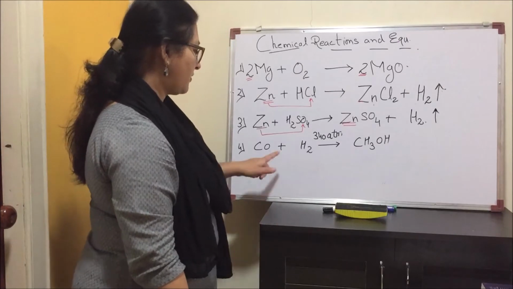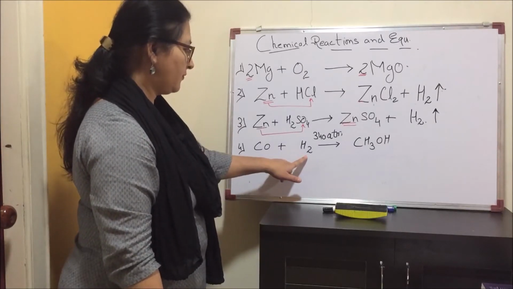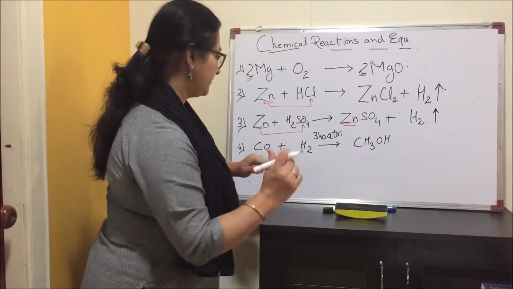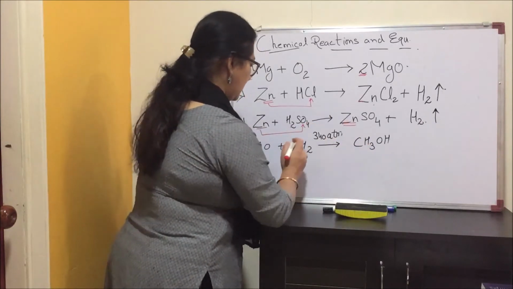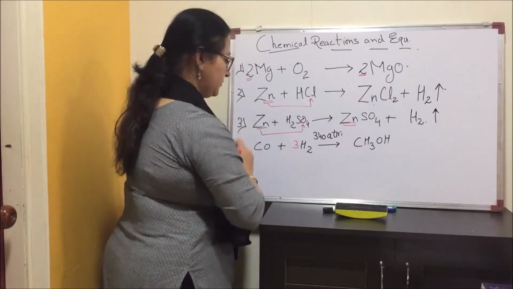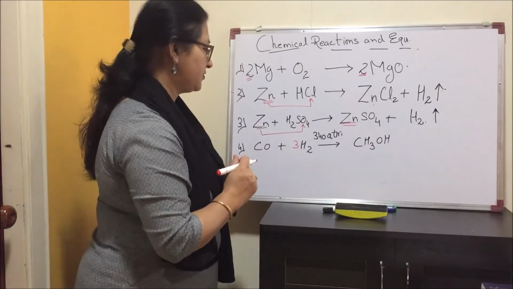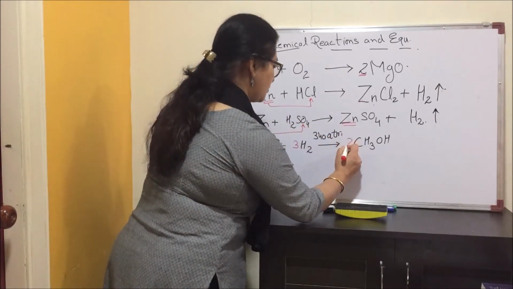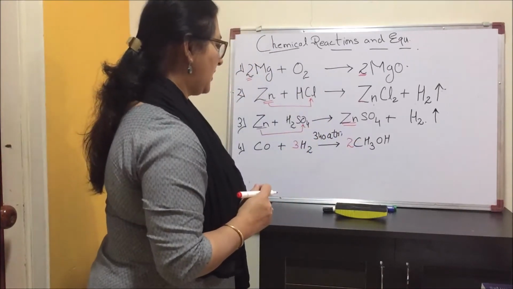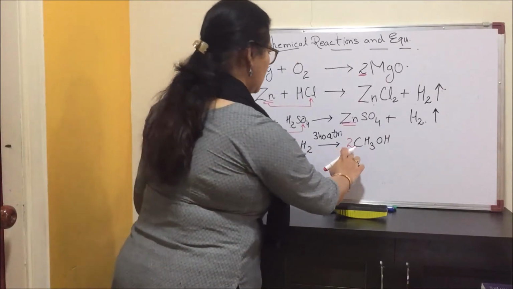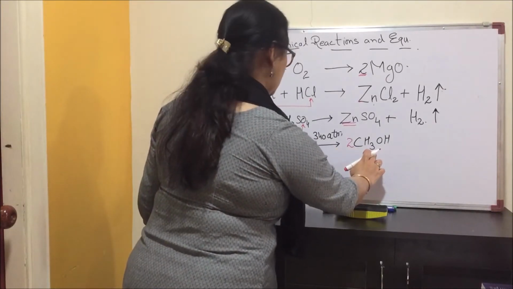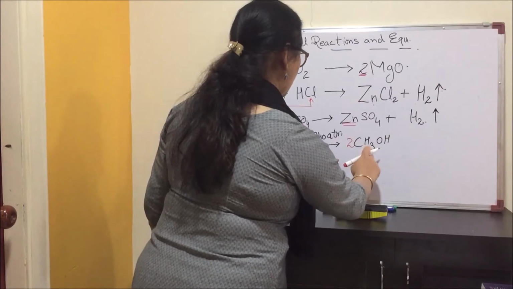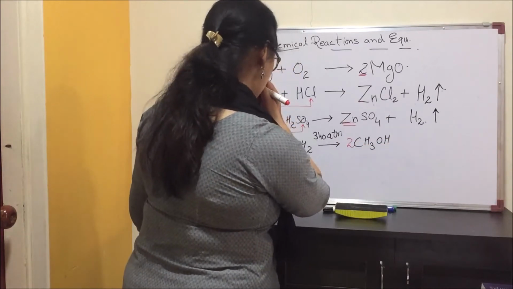So if I write 2 here, it will become 4. Let me write 3 here. So hydrogen is 6 over here. If I write 2 here, hydrogen will be 6 plus 1, 7.